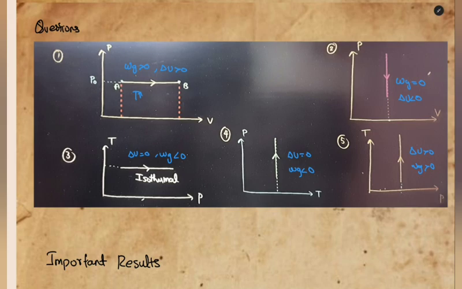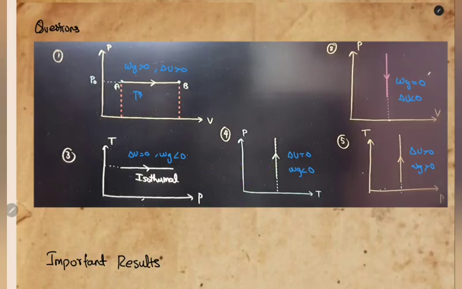Because PV is equal to nRT, and we observe that pressure is increasing and temperature is constant. To maintain temperature constant, volume should be compensating for the change done by the pressure, right?